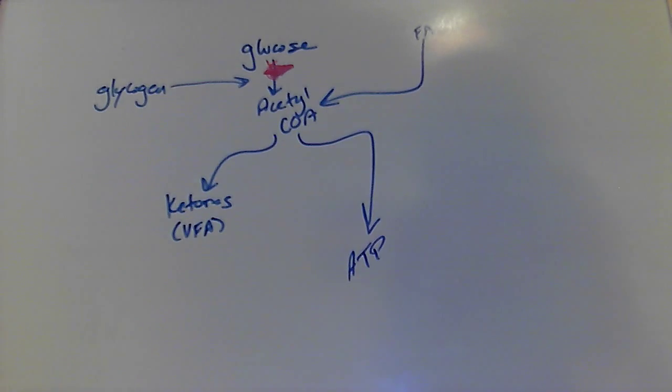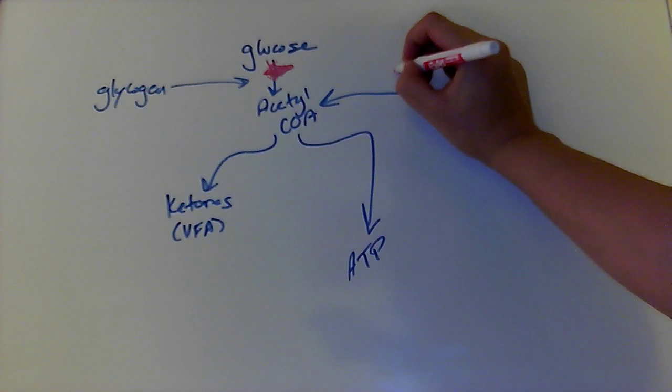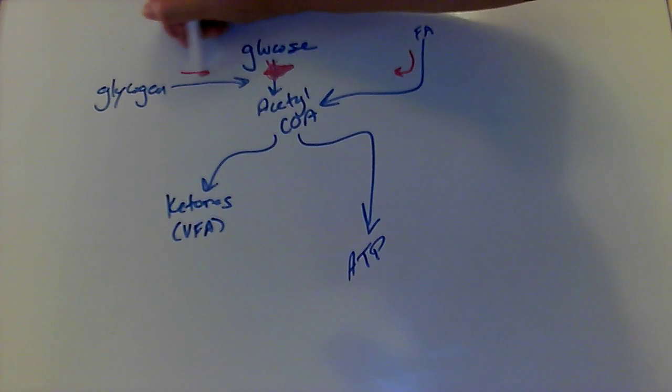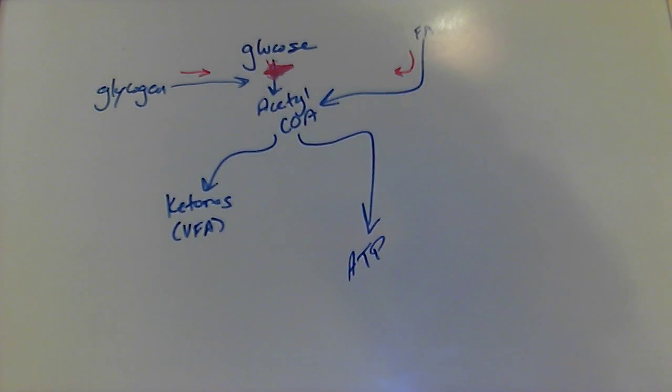Well, let's say that you had 100% of your energy coming from glucose. This would never be the case, but let's say you did. Well, now some of that 100% is going to have to be made up by burning fatty acids, and some of that 100% is going to have to be made up by burning glycogen, okay? So those pathways will automatically start happening a little more, right?